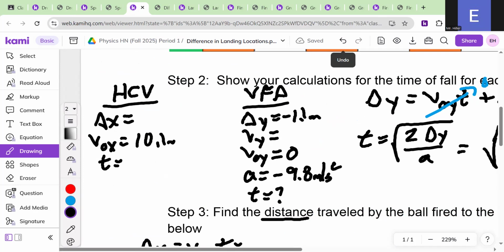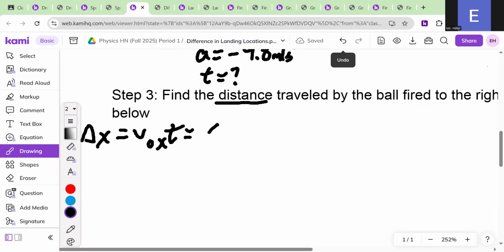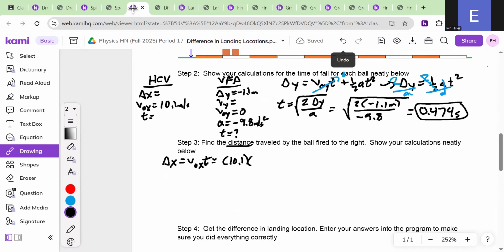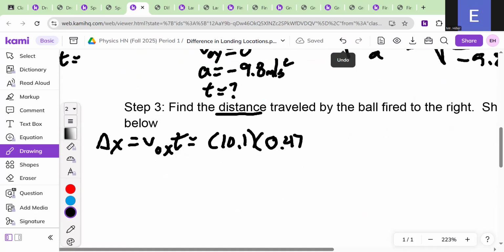So 10.1. Okay, got that. So we're going to go 10.1 times t, which is 0.474. 10.1 times 0.474. We're looking at about 4.79 meters away.